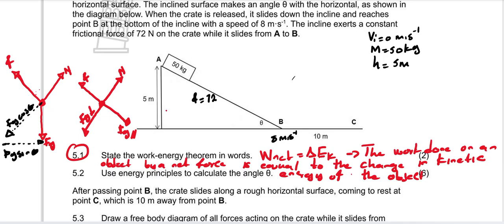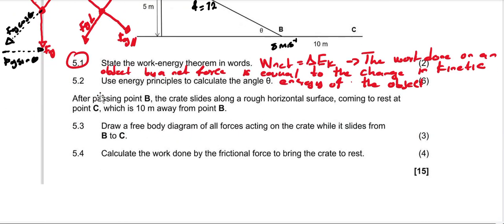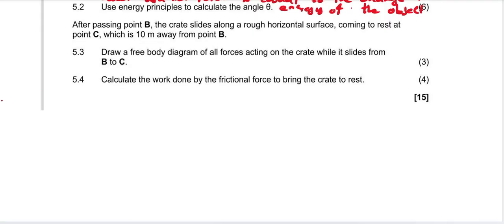You see. So okay. Since they say use any G principle to calculate the angle of theta, let's use the formula of work net is equal to change in EK.